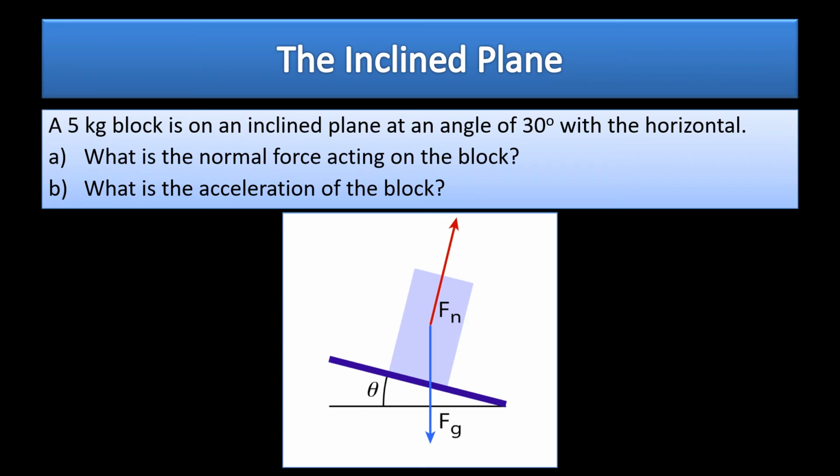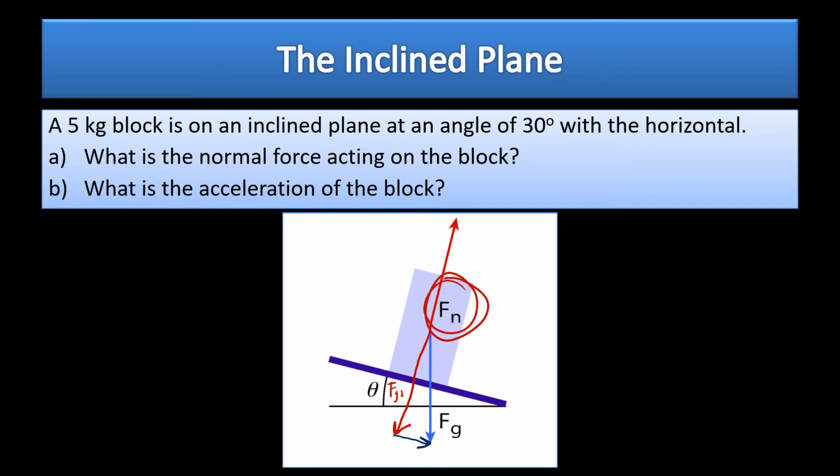The normal force is not going to be equal to the weight in this situation, because a component of the weight is parallel to the inclined plane, and only a part of that weight is acting perpendicular to the plane, not the whole weight, just a part of it, F_G perpendicular.